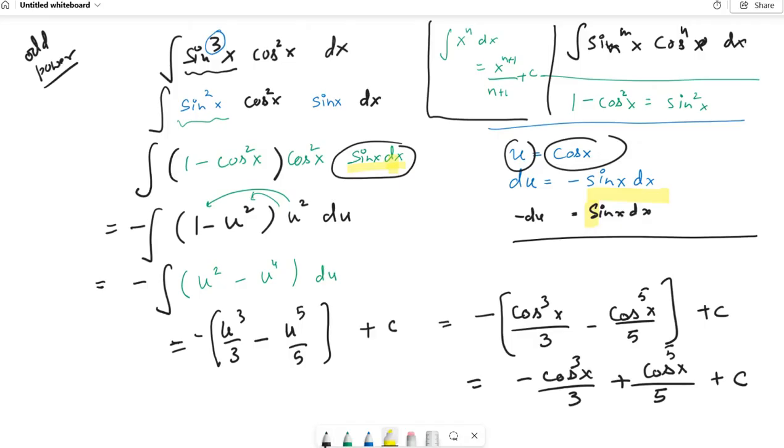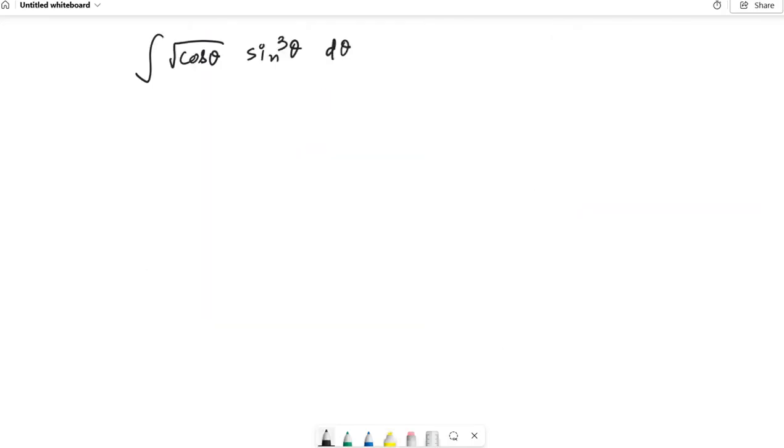So this is the case when one of the powers, either of sine or cosine, is odd. Okay. Let's do another example of odd powers. In this question, sine cube is here. Cosine's power is half because it's inside the square root.